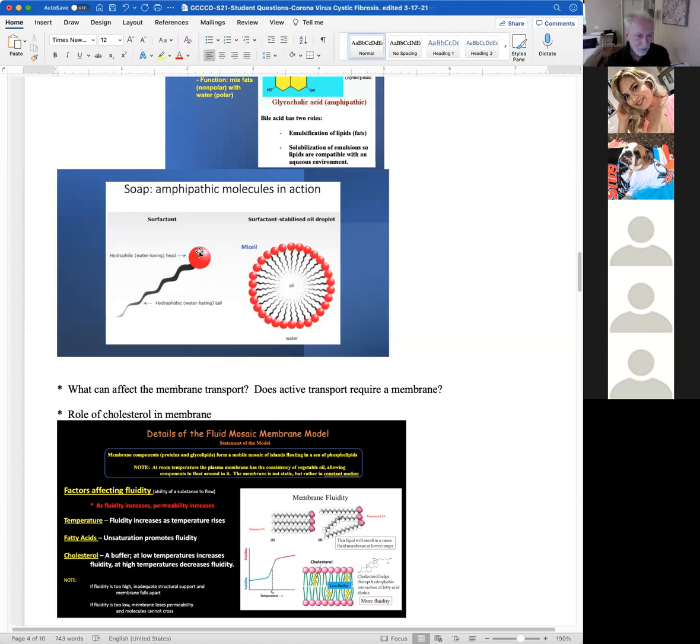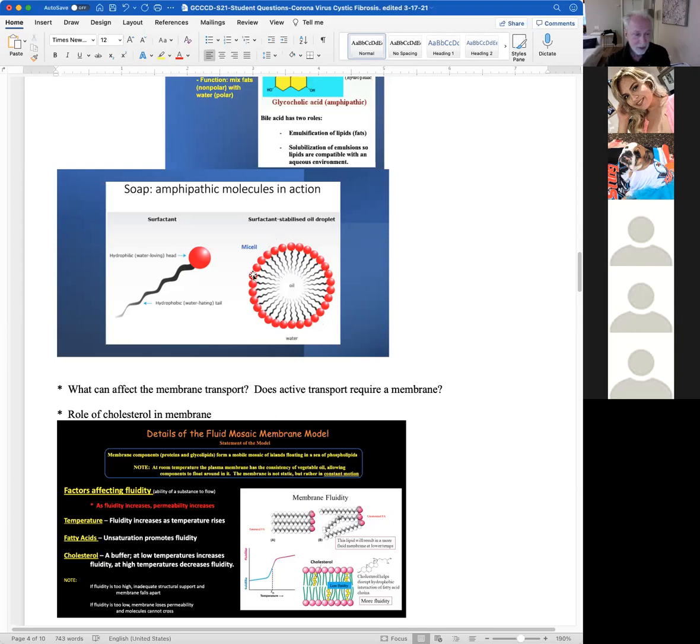So if you wash your hands and you have dirt on your hands, which is oil-based, and most dirt is, the soap forms a micellar form, which means that the soap molecules orient with their hydrophobic tails in the nonpolar substance you're trying to wash off, and the hydrophilic heads are sticking out into the water that you're using to wash.